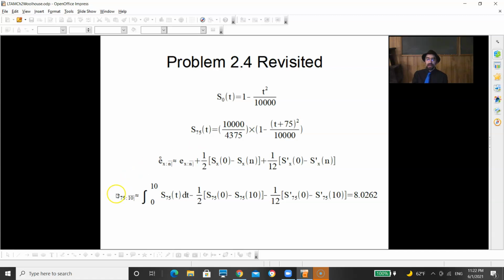We can say that curtate expectation of 75 colon angle 10 is going to be this integral for complete expectation minus 1/2 [S75(0) minus S75(10)] minus 1/12 [S'75(0) minus S'75(10)]. And crunching all our numbers together and taking our derivatives, the final answer we get here is 8.0262.